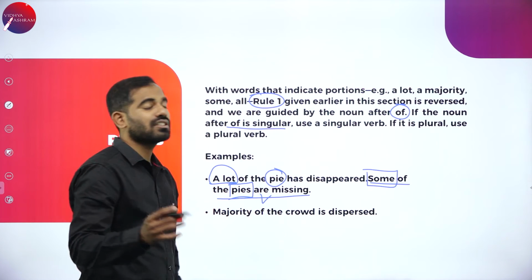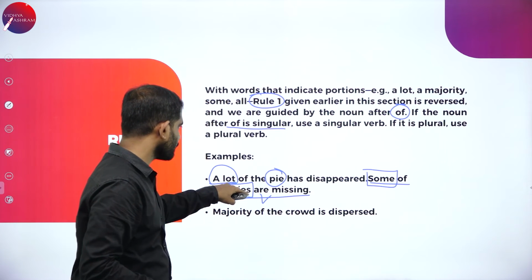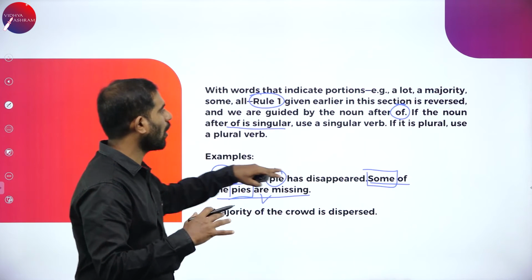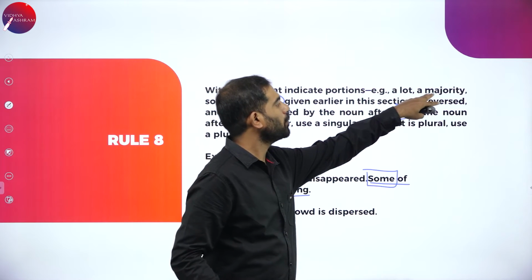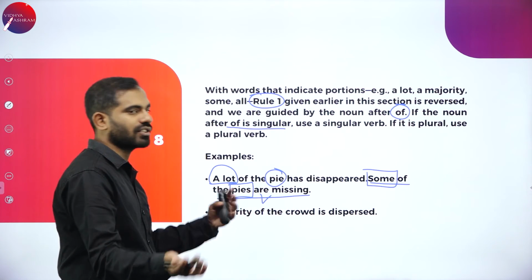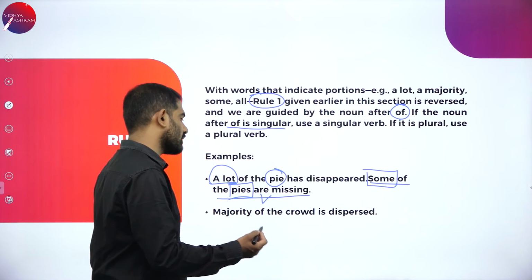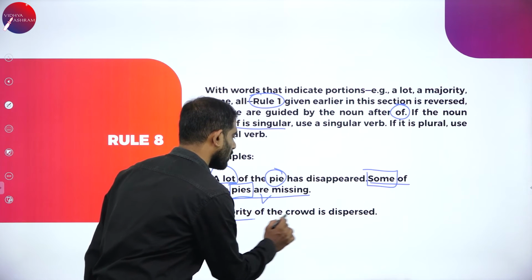The verb is singular or plural depending on the noun after "of." Some, a lot, a majority. It is reversed. "Majority of the crowd is dispersed."